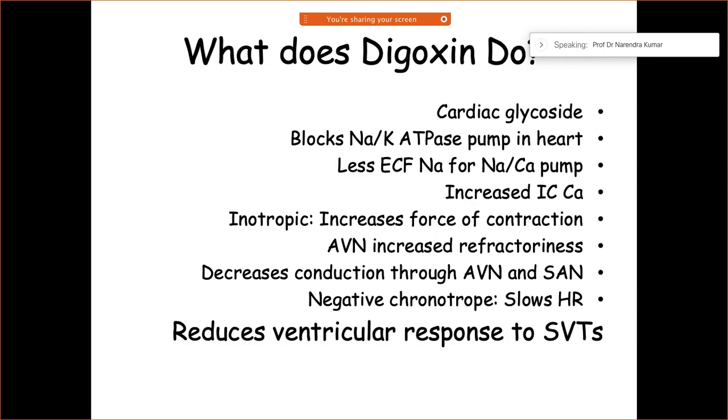As I had already said, this is a cardiac glycoside, it increases the intracellular calcium, in fact, and it does have an inotropic effect. So this is the only available oral inotropic agent which tends to increase the force of contraction.